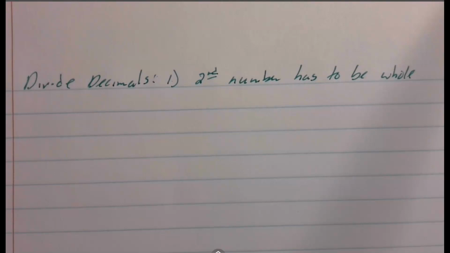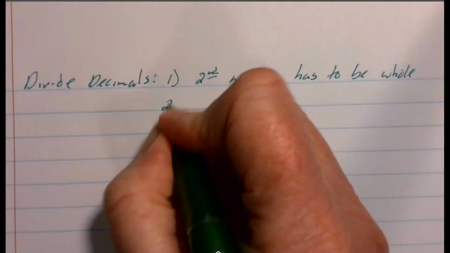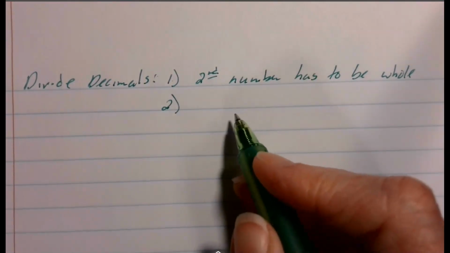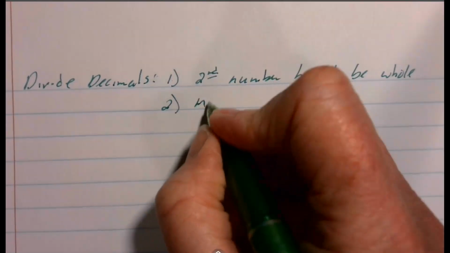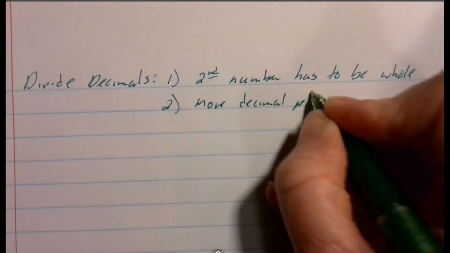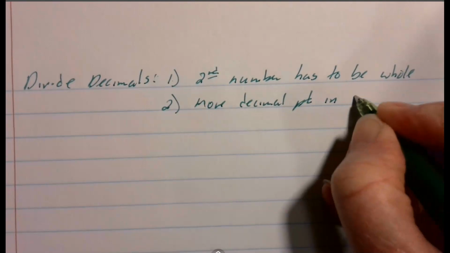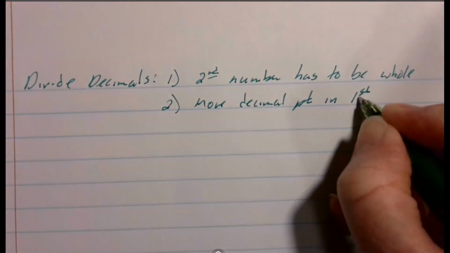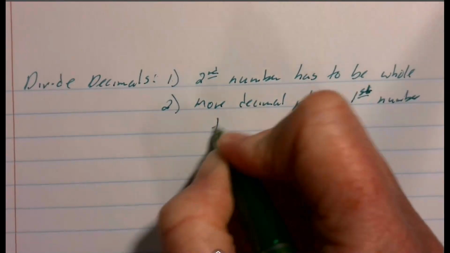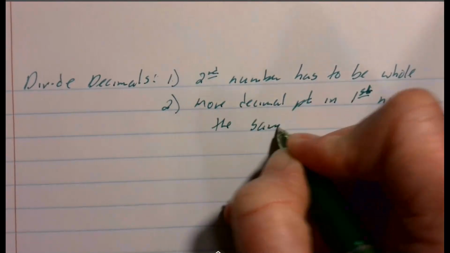Or I might just put an example of a problem on my note card so that I remember how to do it. And whatever I move my decimal point in that second number, I have to move it in the first number the same number of places.